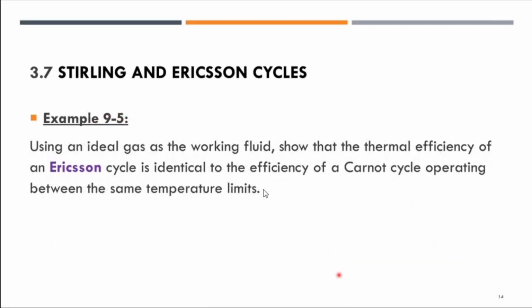Alright, let us look into an example where we have an ideal gas as the working fluid. You have to show that the thermal efficiency of the Ericsson cycle is identical to the thermal efficiency of the Carnot cycle operating between the same limits. Remember, we are saying between the same temperature limits of TL and TH.